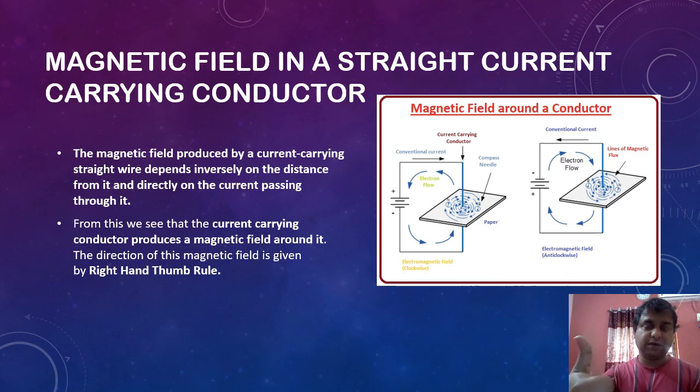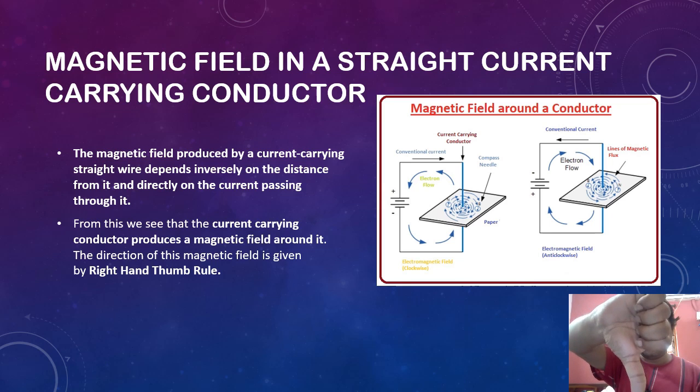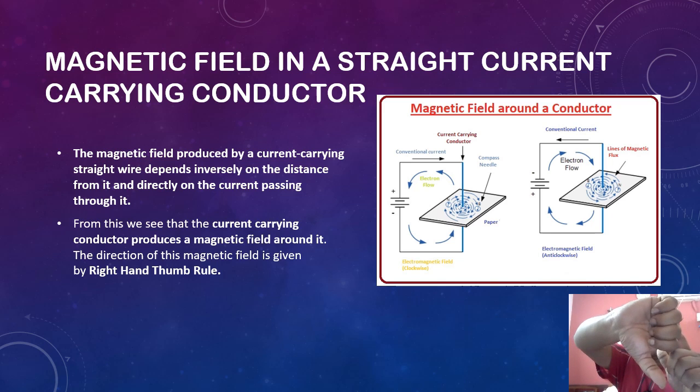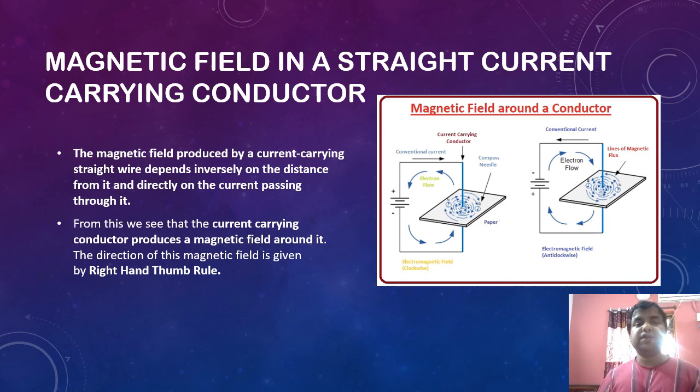So you can easily make out the direction. If you turn it upside down, then the direction of the magnetic field changes because the direction of the current is now downwards. So the magnetic field will be flowing this way. You can try doing it by yourself.